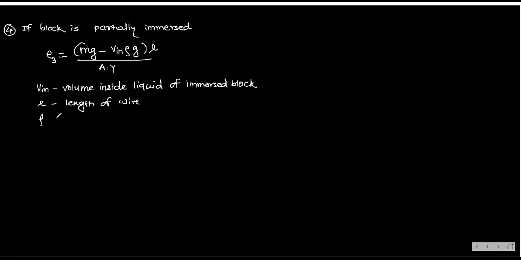This rho is again density of liquid as it is. Previous one already I told. Density of liquid, and this capital A is area of cross section of wire. Got it? Understood?